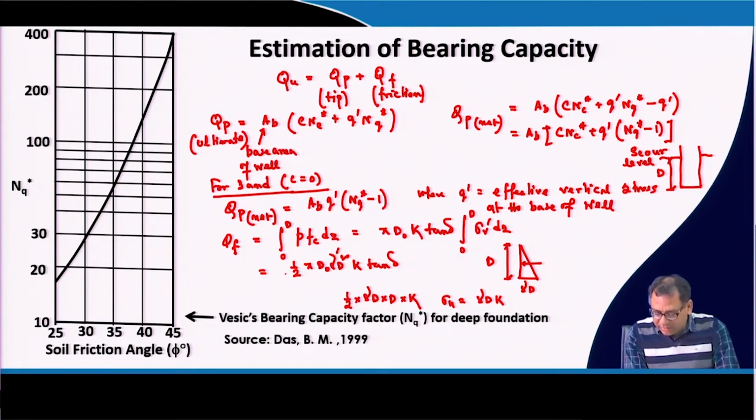So, this is half gamma d square k tan delta, and that is acting along the perimeter. So, this is basically the FC, and then if I multiply with the perimeter, I will get the total friction resistance, which is the same as the pile friction resistance calculation.